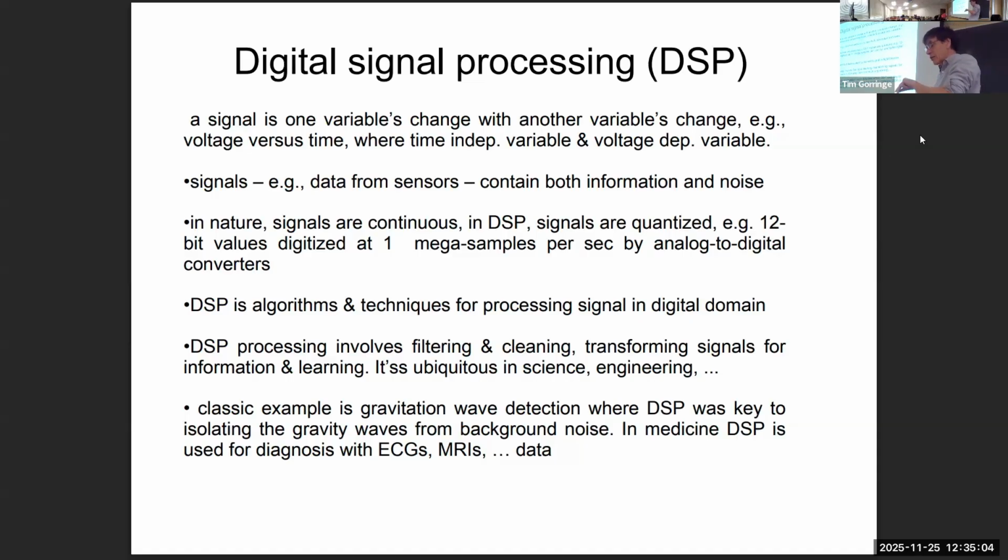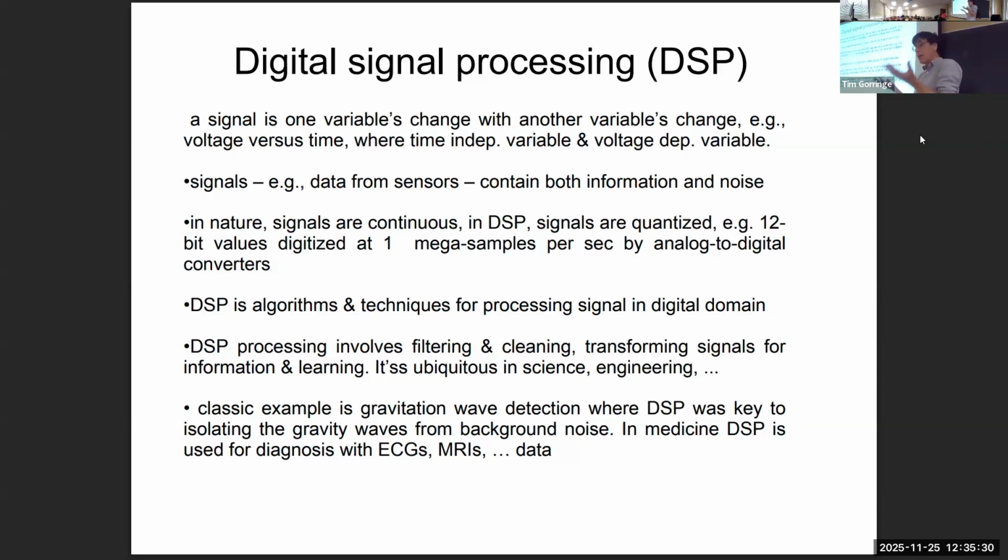So we think of a signal as a quantity that varies with some other independent variable. So it might be a quantity like voltage varying with time. That would be a classic variation of some dependent variable, the voltage, varying with some independent variable, the time.